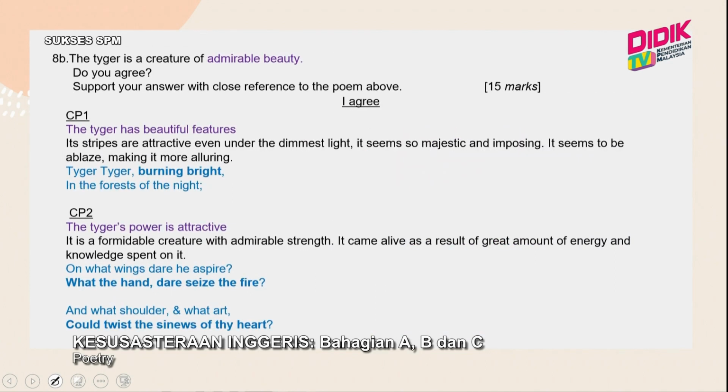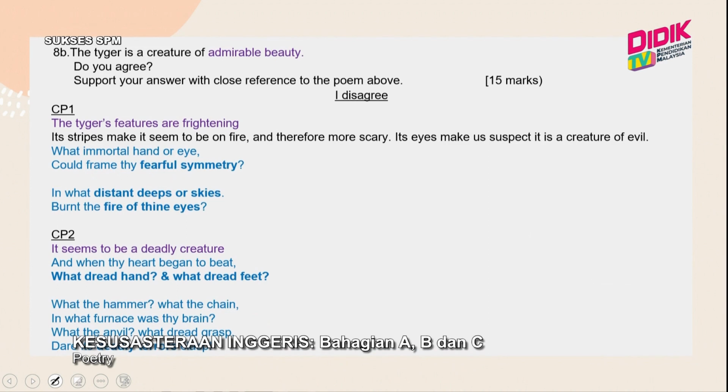So one might say, the tiger is a beautiful creature. So yes, I stand for agree. All right. Another candidate might say, I disagree because the tiger's features are not pretty, not beautiful, but frightening and scary.